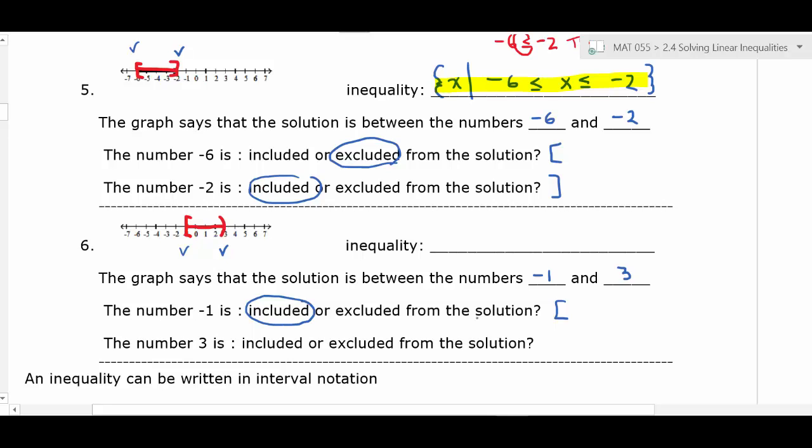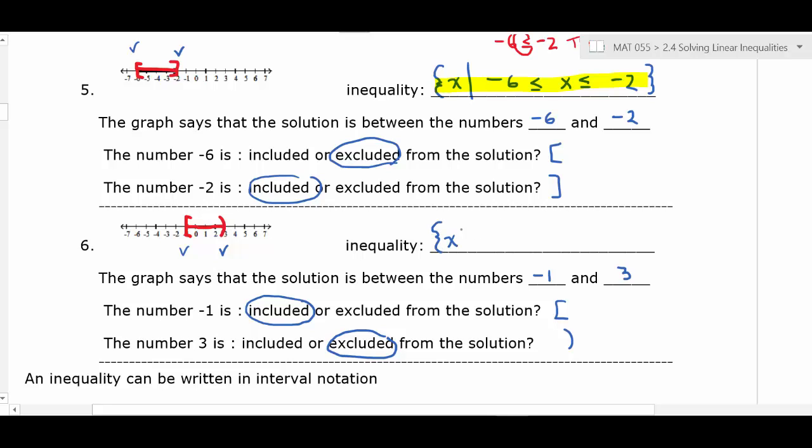The 3 has a parenthesis on it, which means you're excluding that. So the mathematical meaning of this is all the numbers, decimals, fractions, everything between -1 and 3, including -1, but not including 3.